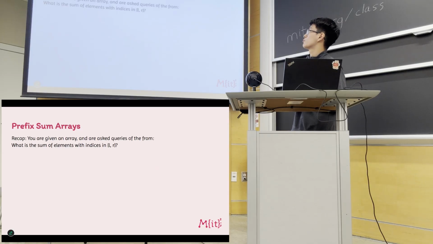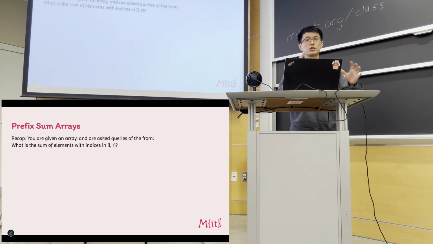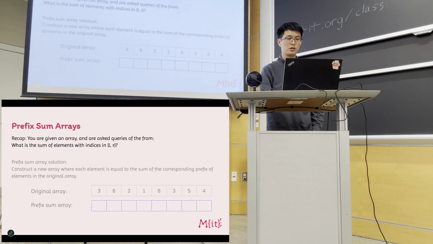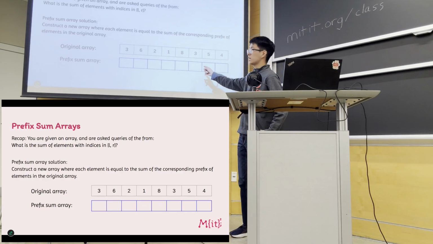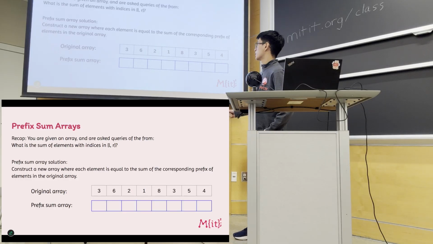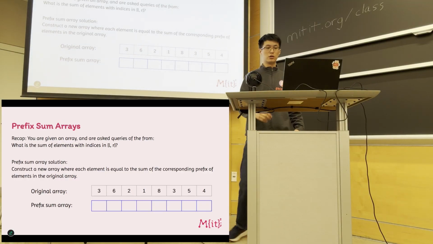As a recap, in our problem you're given an array and you want to find the sum of a bunch of ranges that you're asked about. Instead of jumping straight into answering all these queries, we can first construct what's called a prefix sum array. This array has the sum of all the elements in the original array that have index equal to or before it.